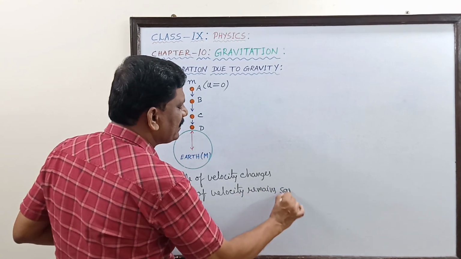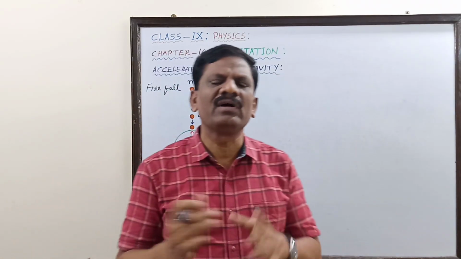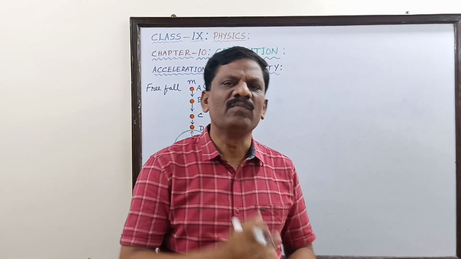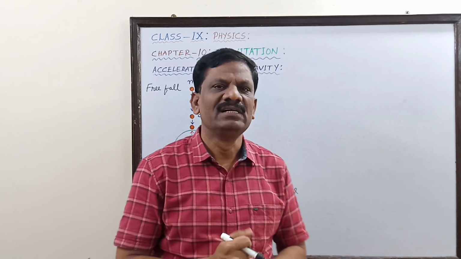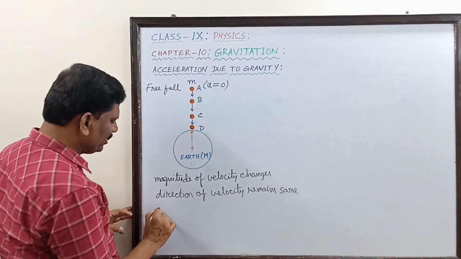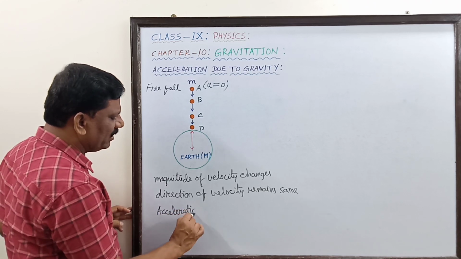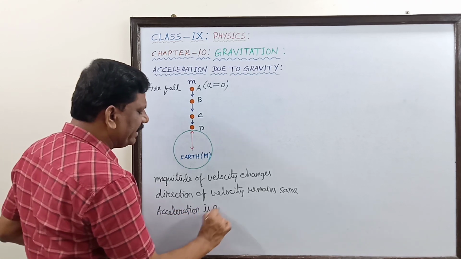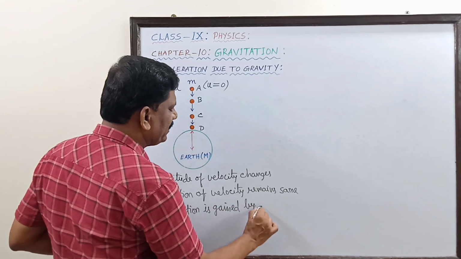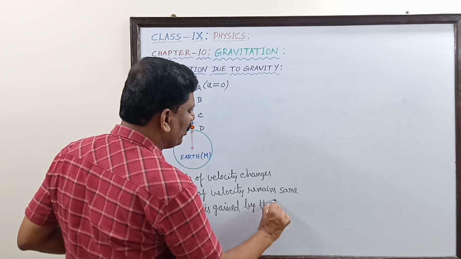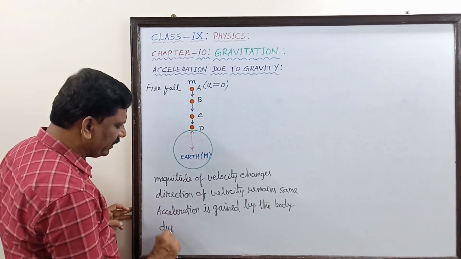Anyhow, there is a change in velocity. So due to the change in the magnitude of the velocity, the falling body gains an acceleration. So there is an acceleration. Acceleration is gained by the body due to which force acting on it?